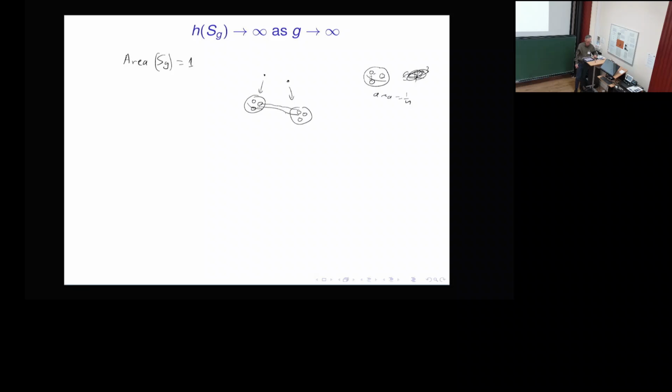And I replace every vertex by this, and when there is an edge, I glue the corresponding simple closed curves, and I have to change the metric a bit to make it smooth. Okay, so this is the surface.